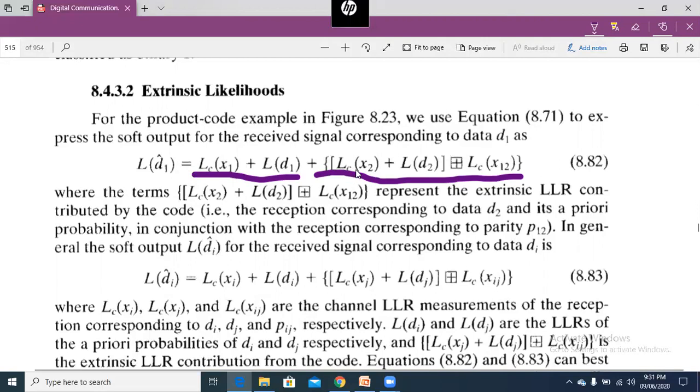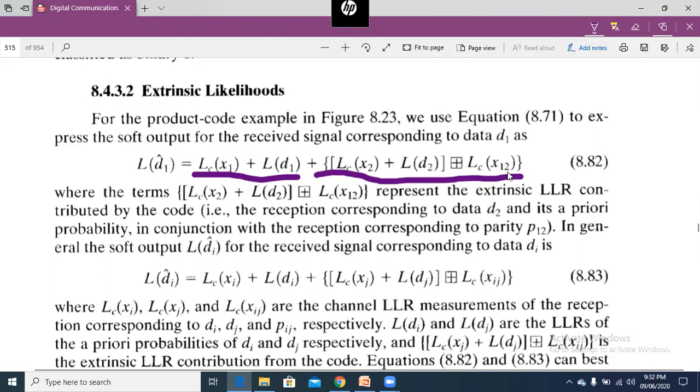So for the horizontal likelihood ratio, we take the data bit 2, the channel value X2 plus LD2, and we have the function, this addition function for log addition, and then we have the channel statistics for X12.